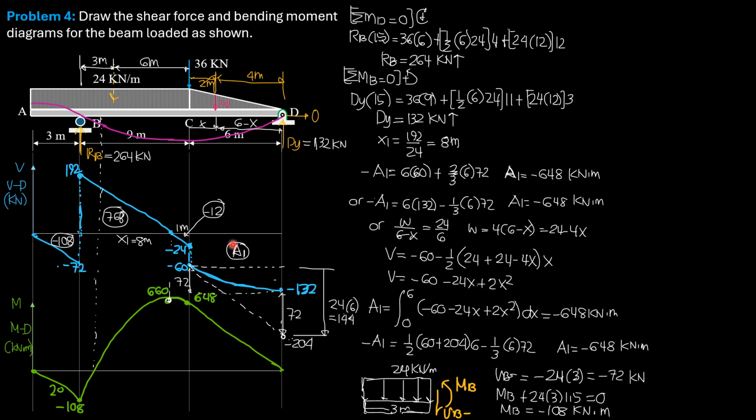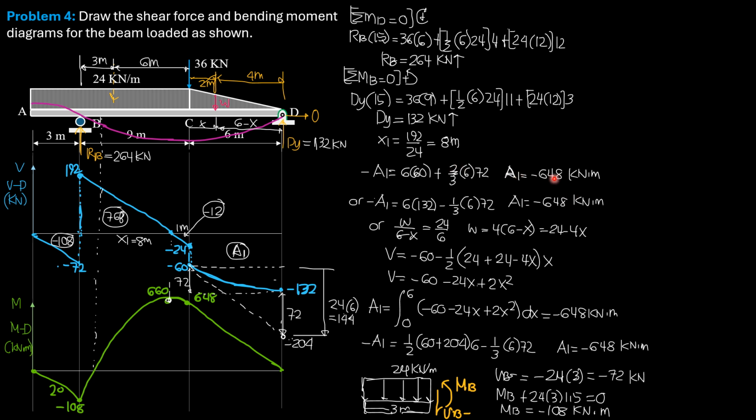So therefore, area 1 is area of rectangle plus area of parabola, which is 2/3 base times height. Now, area 1 is expected negative, and we just compute positive areas. Anyway, the negative sign is here. So this rectangle is 6 meters times 60, and this parabola is 2/3 of base 6 times height, as I said, 72, the difference between negative 132 and negative 60.